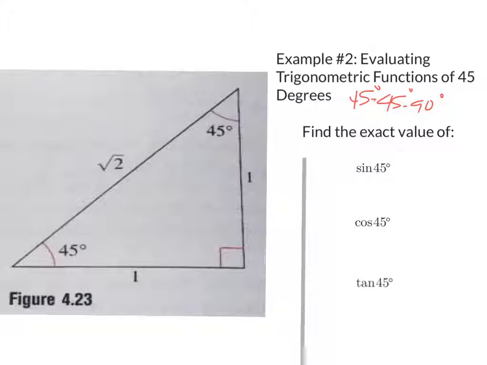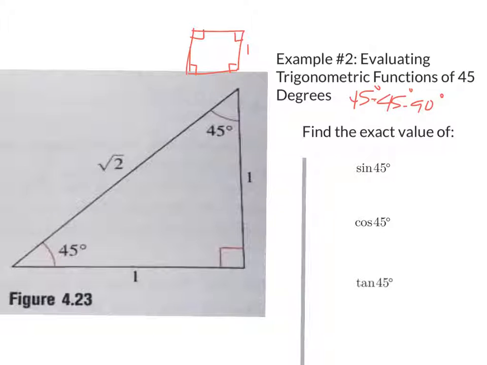The legs are always 1, and the hypotenuse is the square root of 2, and that really just comes from what we know about a basic square with a side length of 1, right?